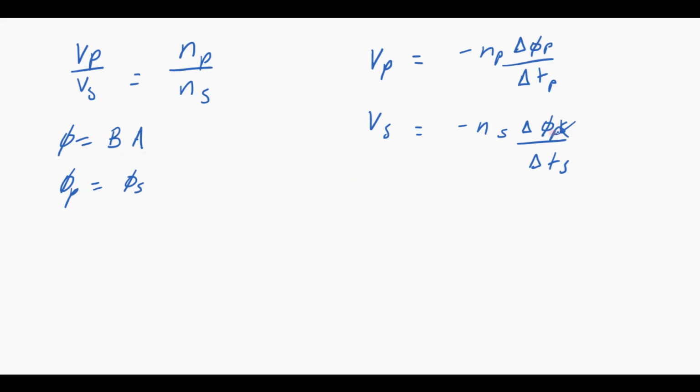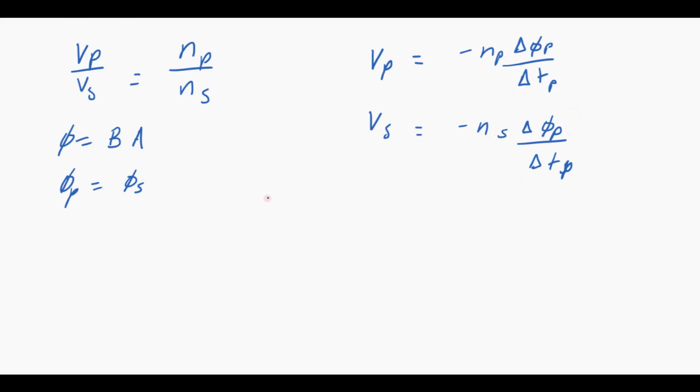We can just call it the primary flux. Might just make that a bit nicer. Okay, and that can be primary as well, because the time taken is the same. It switches in direction at the same time in the primary and the secondary coil.